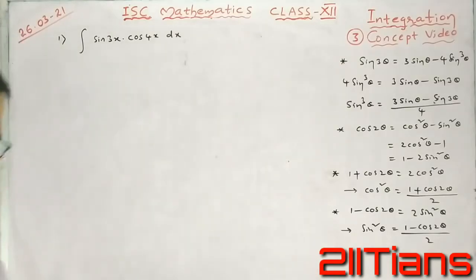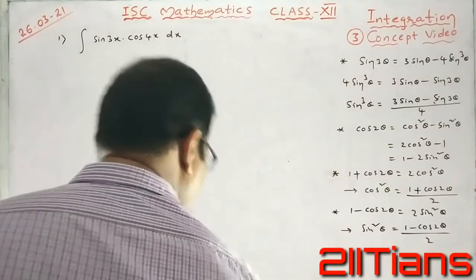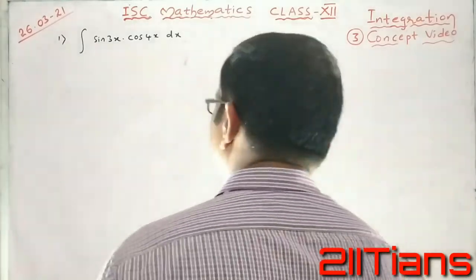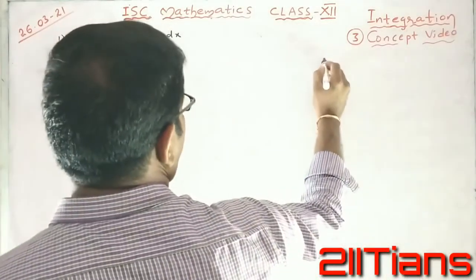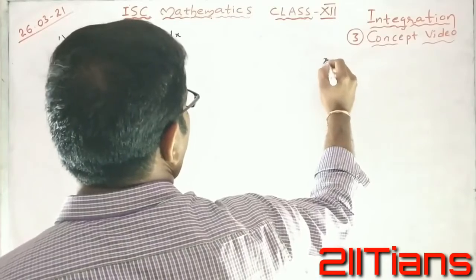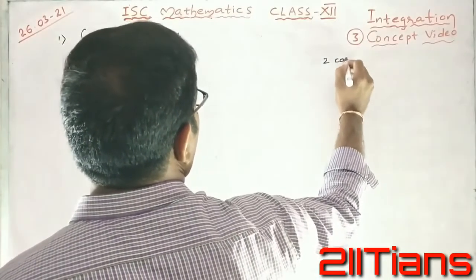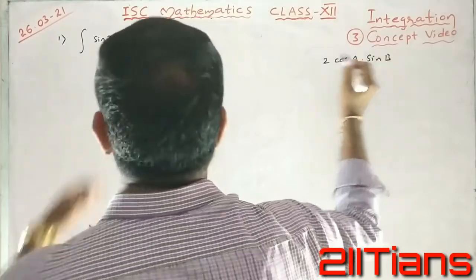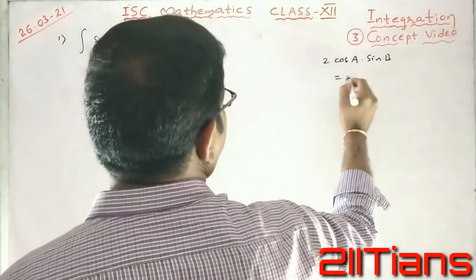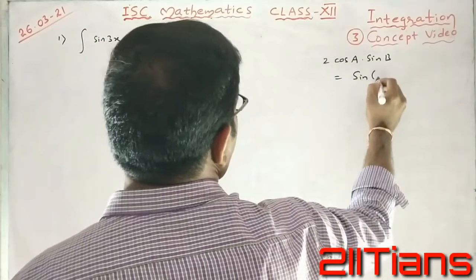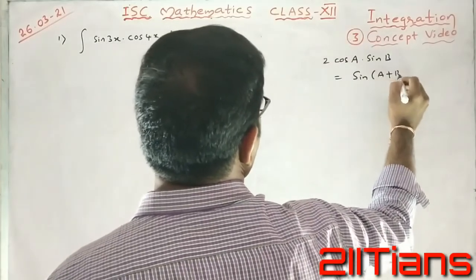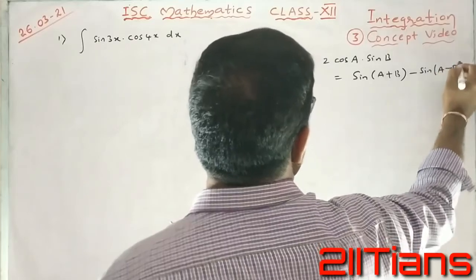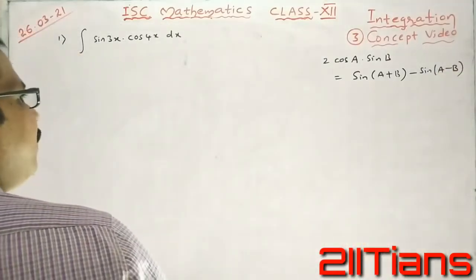So already I told you some standard formulas. It looks like 2 cos A sin B. First I will write the bigger value, then we will get this can be written as sin of A plus B minus sin of A minus B. This is the formula we can write.